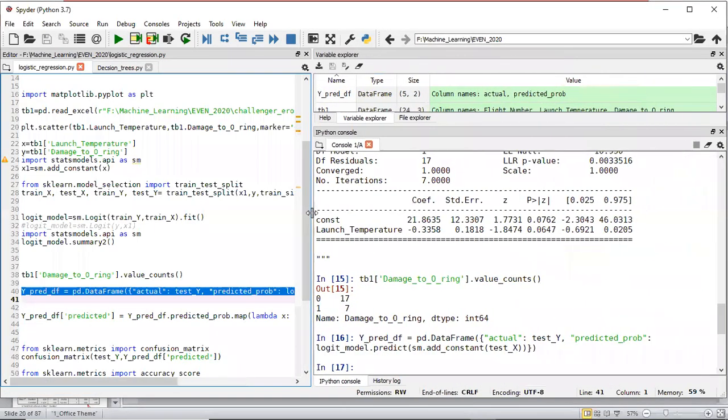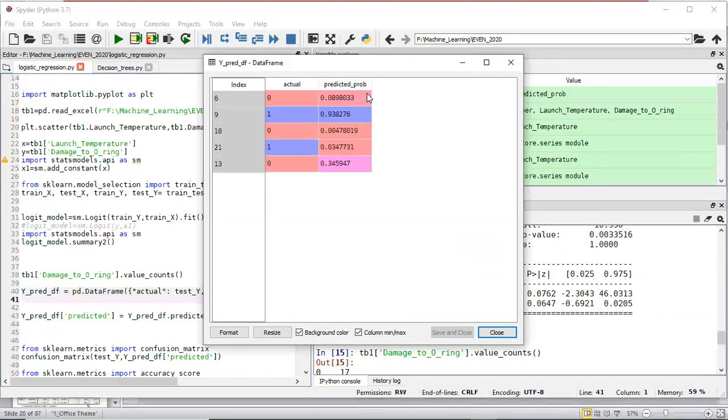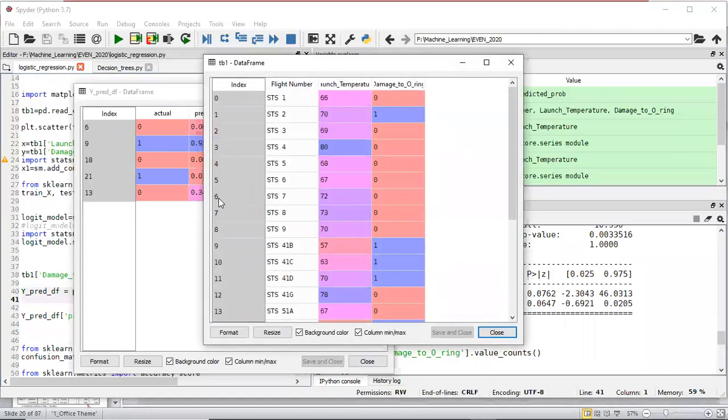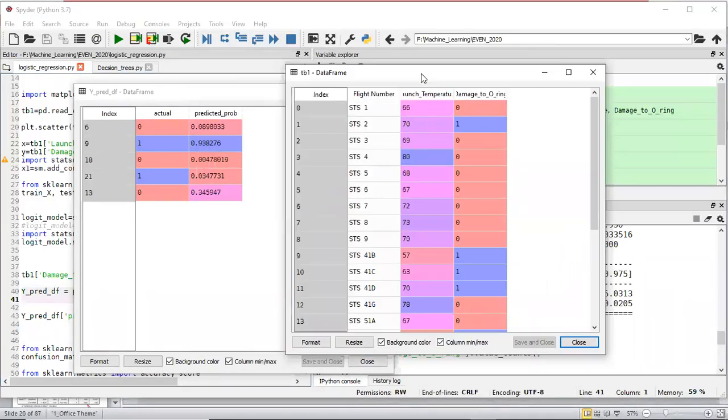Now if you see the data frame here, it has created a data frame. For index 6, if the launch temperature is 72 degrees, I'm getting the predicted probability as 0.08.